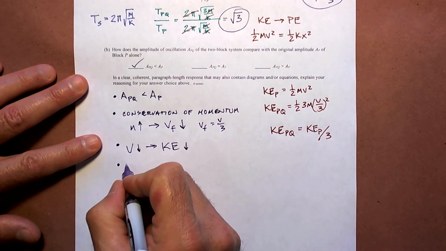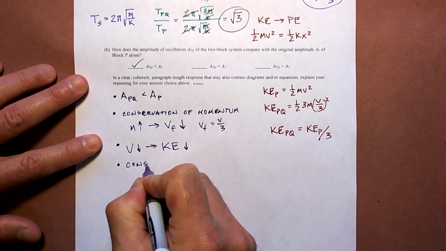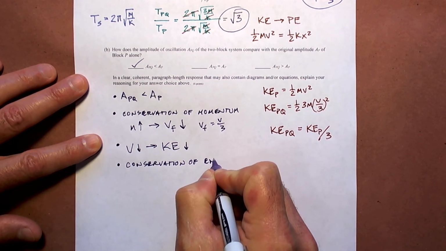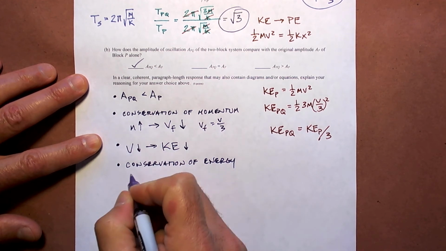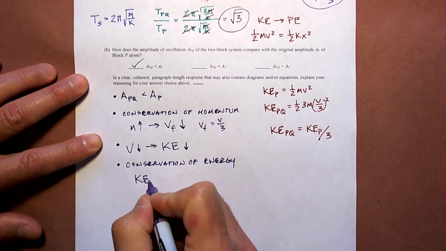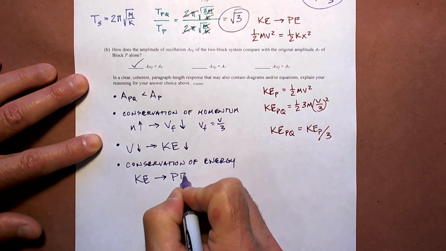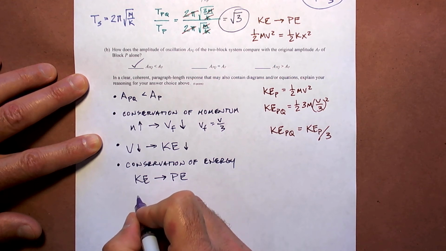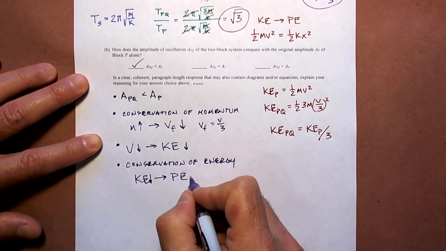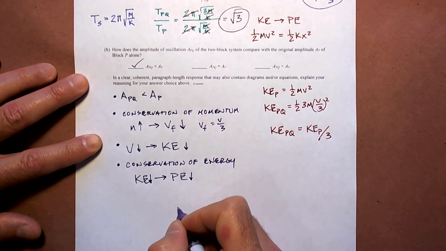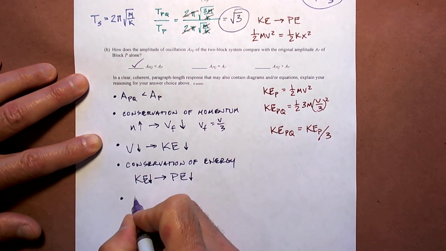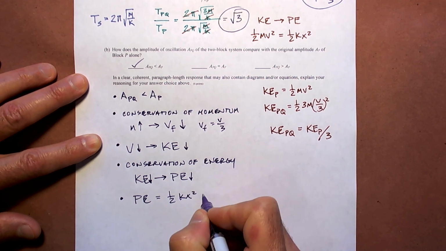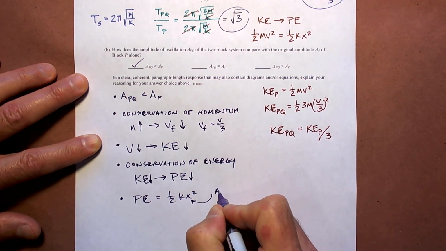Well, it has relevance because according to the conservation of energy, we know that the KE has to turn into PE, and this is elastic PE, okay? And if the KE is less, that means that the PE is going to be less. And we know that PE is equal to 1/2 kx squared, where x is the amplitude.